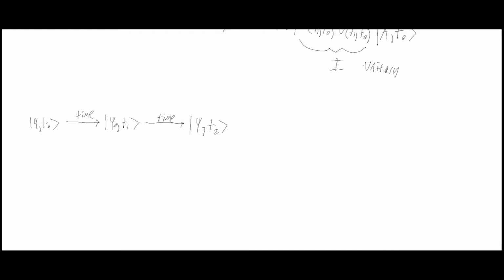Well, if we had an operator operating on this to bring it to here, and then another operator operating on this to bring it to here, it's something that you could express in a single operator that is sort of a conjunction of the two operators.